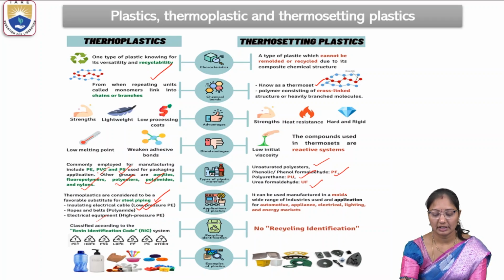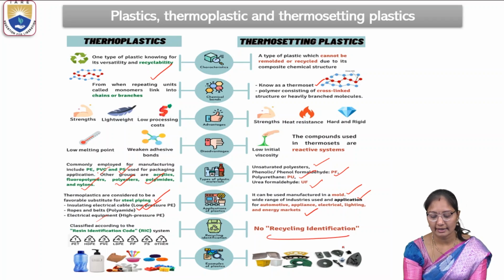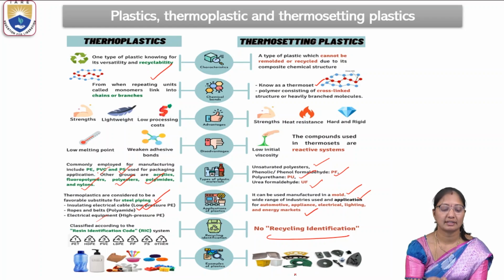It can be used in the manufacturing of molds, in a wide range of industries and applications because of its high heat resistance and high strength, and in energy, automotive, appliances, electrical lighting and energy markets. So, no recycling and identification. For example, handles and these materials which are molded cannot be recycled.